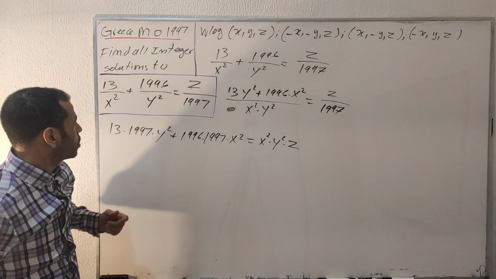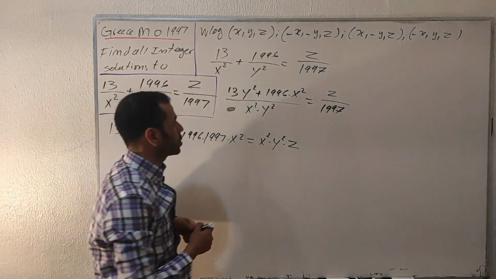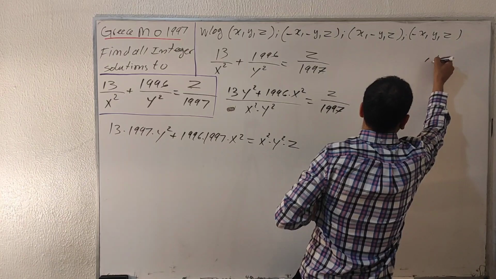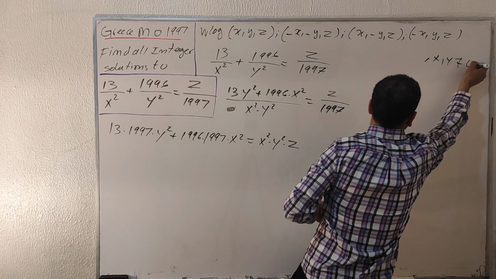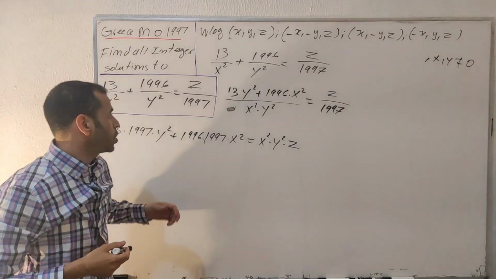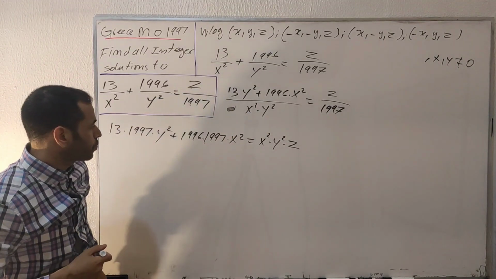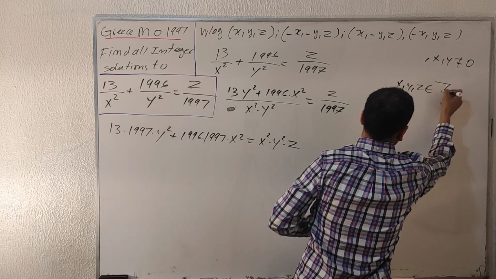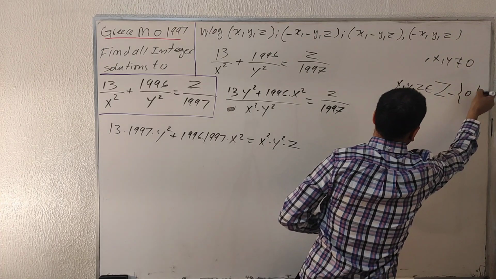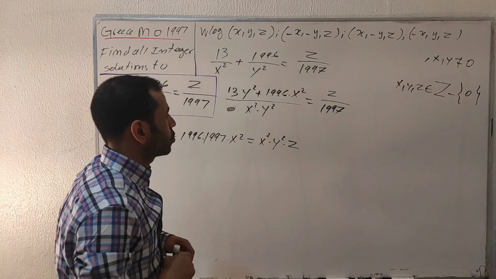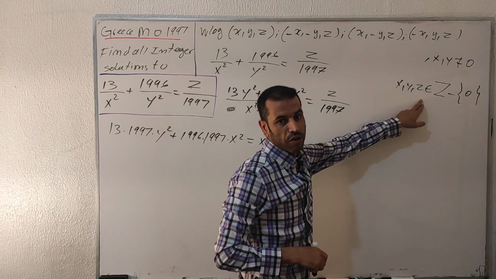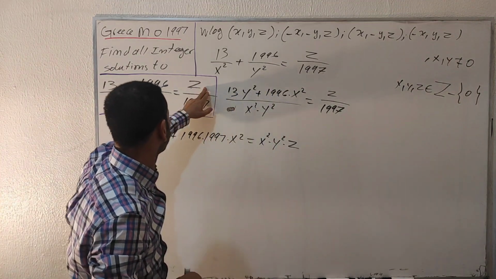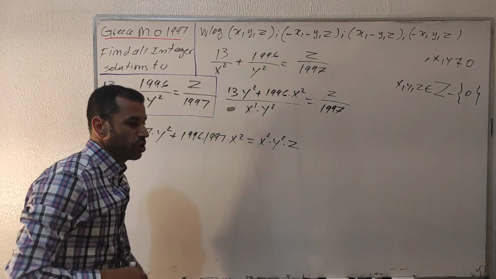Notice here, keep in mind x and y must be different from 0 because they are situated in the denominator. Which means x, y, z are nonzero integers. Z must also be different from 0, because if z equals 0 the left hand side of this equation is not 0.